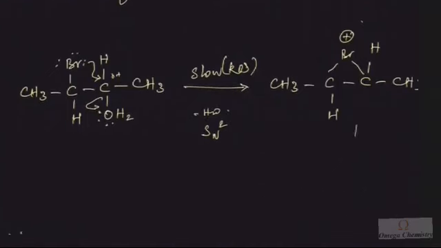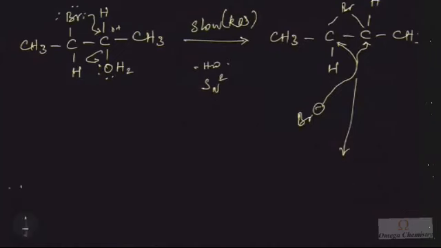Now the bromide ion, which has left in the first step, will come and attack either at this carbon or at this carbon, right? Due to which the carbon bromine bond will be broken, and you will get a racemic mixture over here. Racemic mixture, right?